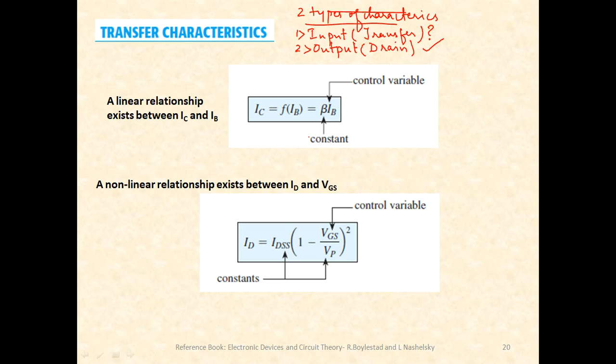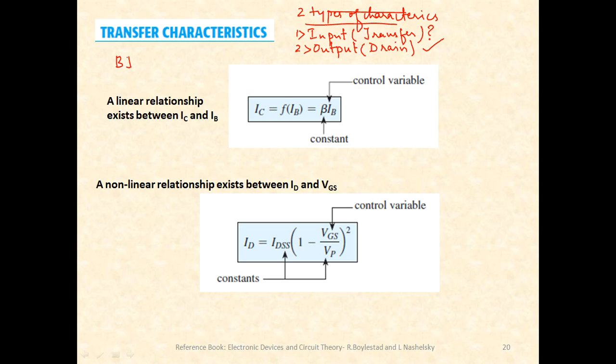What about the relationship that exists between the controlling and the controlled parameters in the case of a BJT as well as in the case of a JFET? The first expression corresponds to that of a BJT. Let us first look at the BJT, then compare it with a JFET.